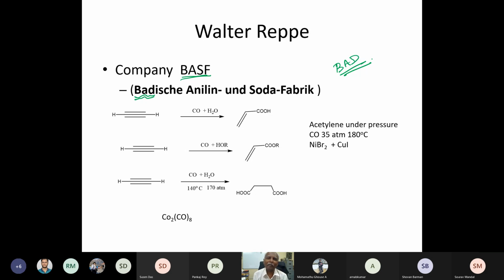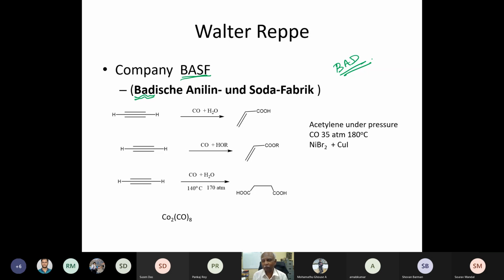It's not pronounced Bad. It's German. Probably it was a place where there were a lot of hot springs. So Badische Anilin. Aniline is C6H5NH2, and soda is of course sodium carbonate. And so they were into making chemicals, BASF, and nobody uses the expansion anymore.